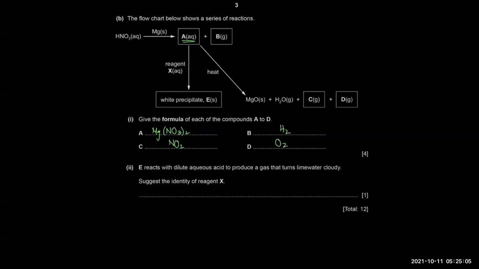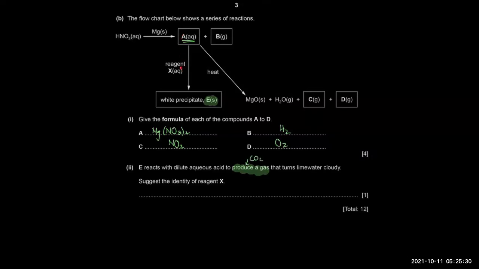All right, they're saying that E reacts with dilute aqueous acid to produce a gas that turns lime water cloudy. So then what type of a solid is E? It produces carbon dioxide with acid. So it's a carbonate.